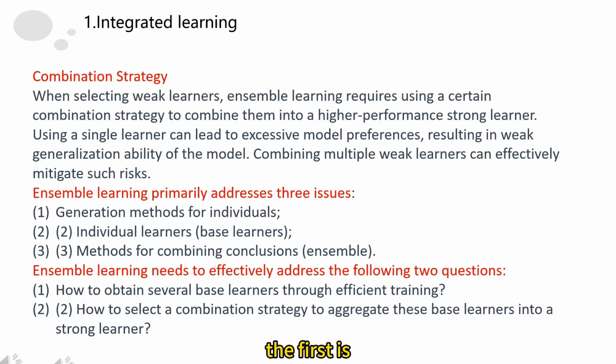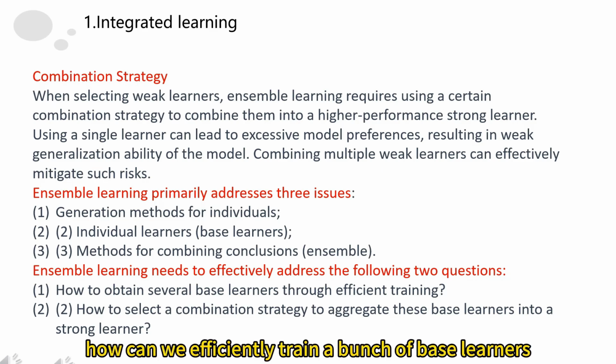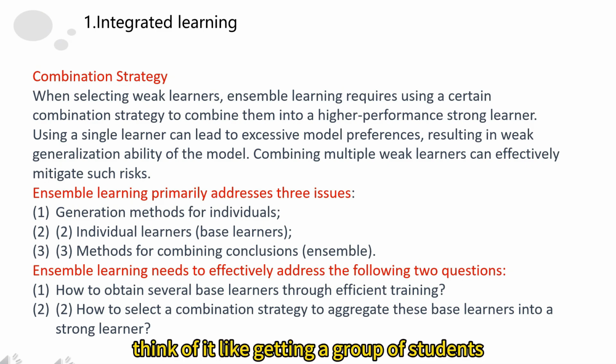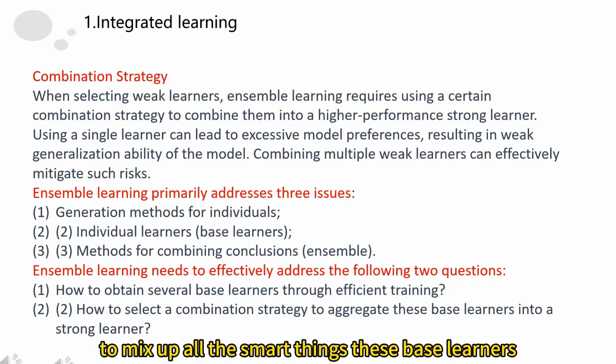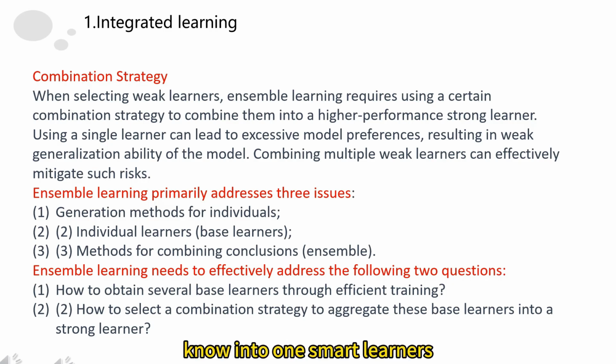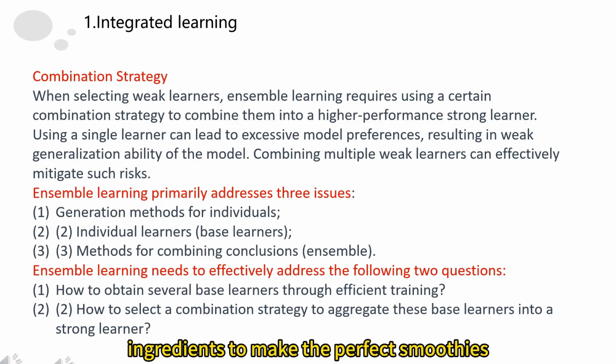The first is, how can we efficiently train a bunch of base learners? Think of it like getting a group of students up to speed without wasting too much time. The second is, what's the best way to mix up all the smart things these base learners know into one smart learner? It's like blending different ingredients to make the perfect smoothie.